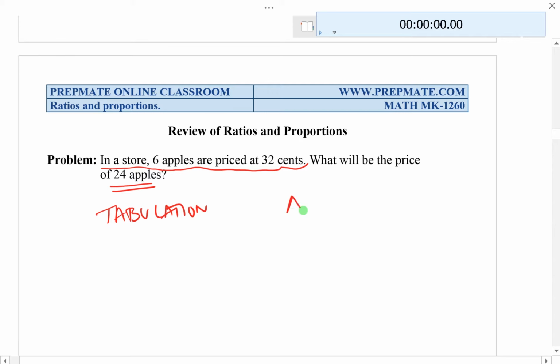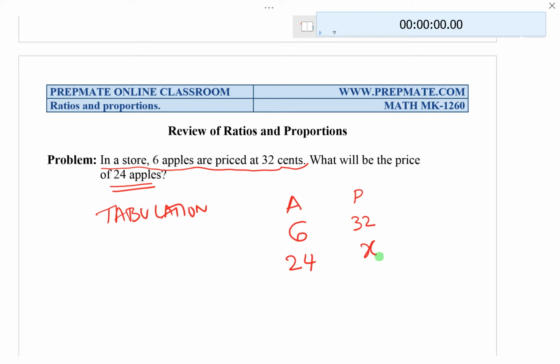So we have apples and we have price. We buy 6 apples and we pay 32 cents. Now, if we have to buy 24 apples, how much money do we have to spend? At this time, we are going to stop doing any aggressive math, because most of these tests are known as tests of reasoning, and therefore in most situations you would not have to do very aggressive math.